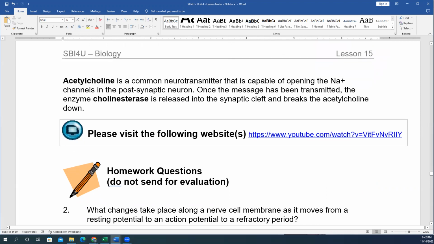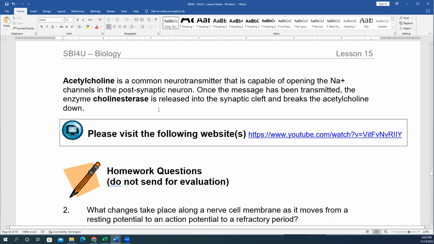One of the neurotransmitters, called acetylcholine, a very common neurotransmitter, travels across the synaptic cleft and binds to its receptor, and it opens the sodium channels in that postsynaptic neuron.